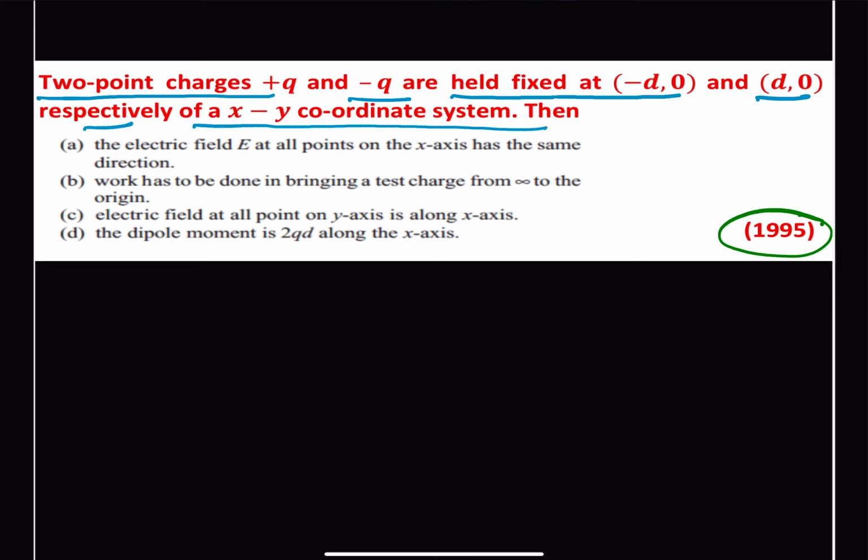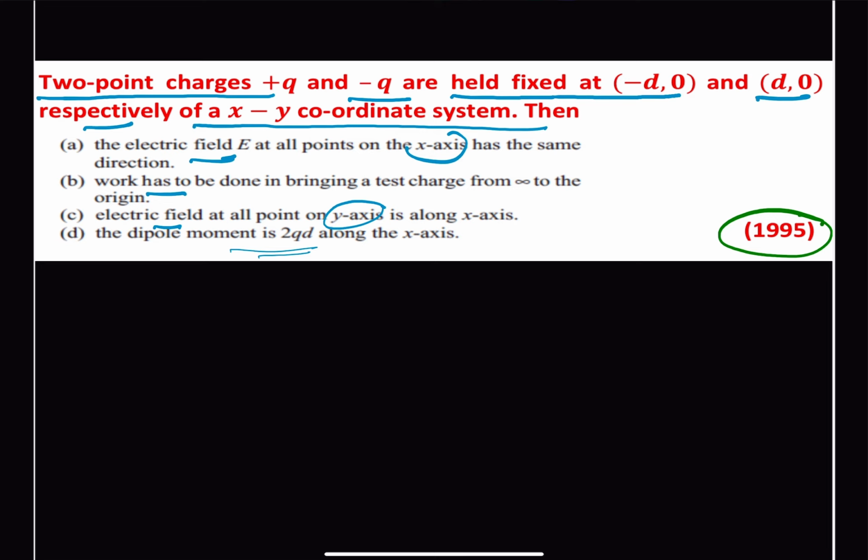Then we have to find out which of these options will be correct. First one is related to the electric field, second one the work done, and the third is also electric field. In the first case it says with respect to x-axis, then on y-axis, and finally the dipole moment.